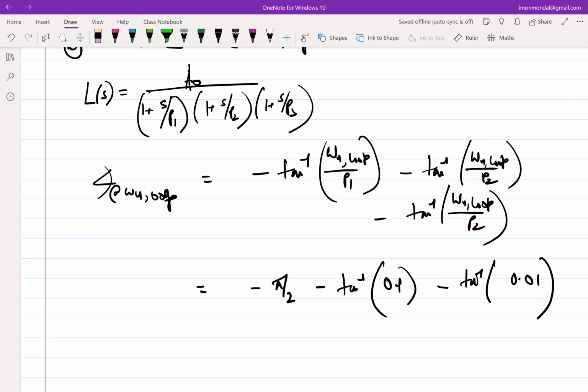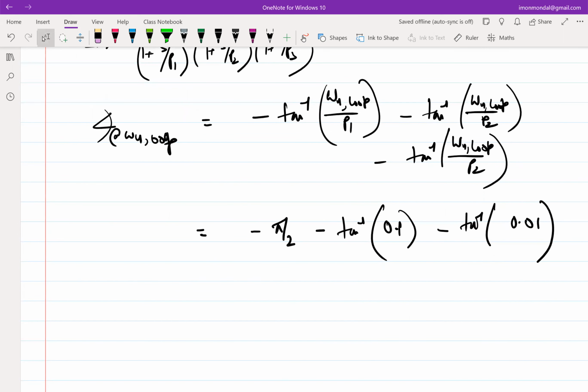So that is essentially an excess phase. This is 0.09, and this is 0.01. Tan inverse of minus 0.1 is approximately minus 0.1.